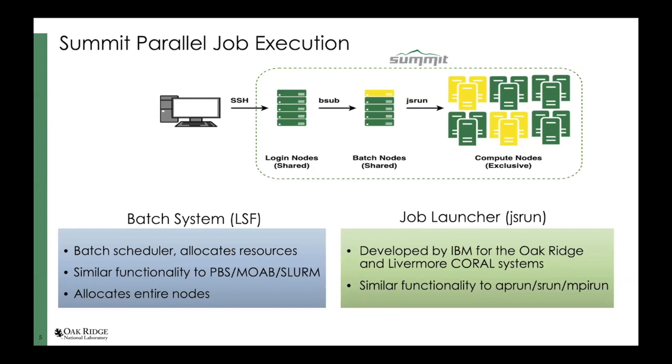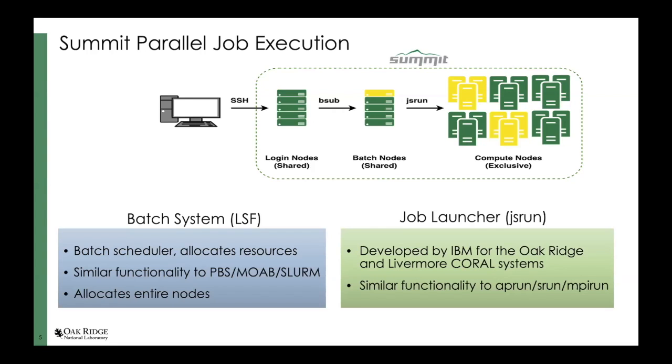But it'll allocate you. You'll basically tell LSF what you want, and it will allocate those resources for you. And another thing to note is that we allocate entire nodes. So while the login nodes and the batch nodes are shared, the compute nodes are all yours. So we only allocate a node to an individual job.